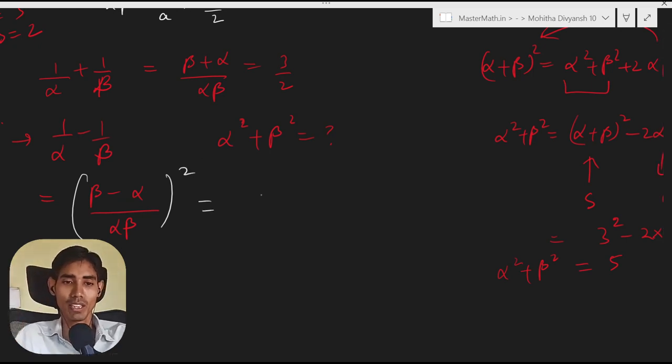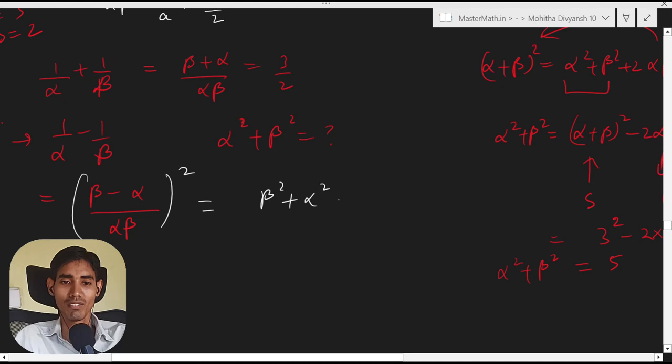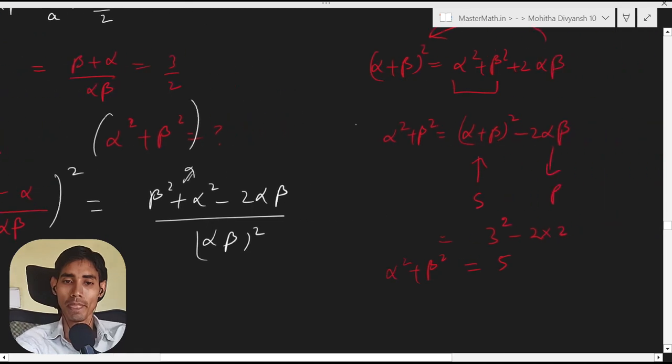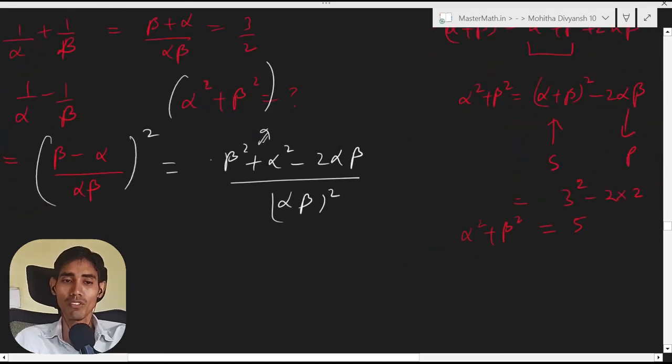Now if we are squaring it, we'll get beta square plus alpha square minus 2 alpha beta, divided by alpha beta whole square. You already have the alpha square plus beta square value we just found, plus beta square minus 2 alpha beta.